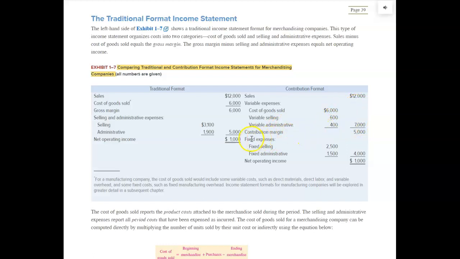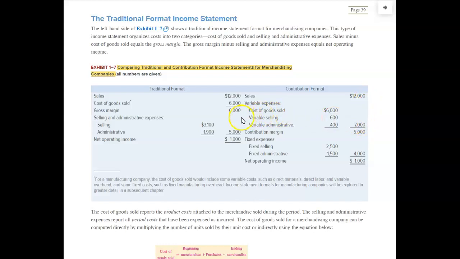And now, instead of gross margin or gross profit, we have contribution margin. So your definition for contribution margin is simply revenue, in this case sales, minus total variable cost. That is contribution margin. It's as simple as that. Contribution margin is revenue minus variable cost.